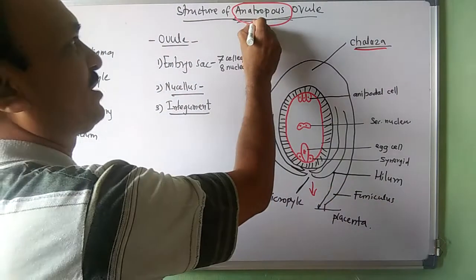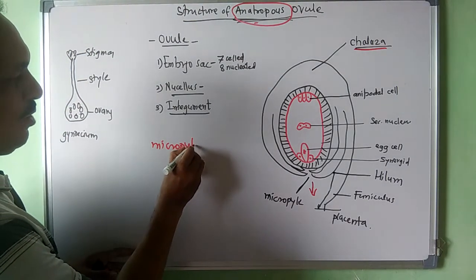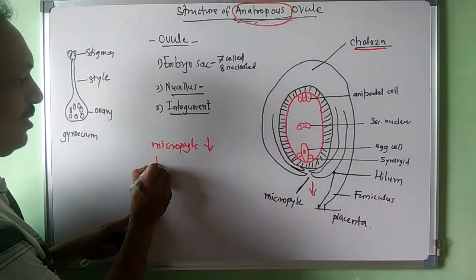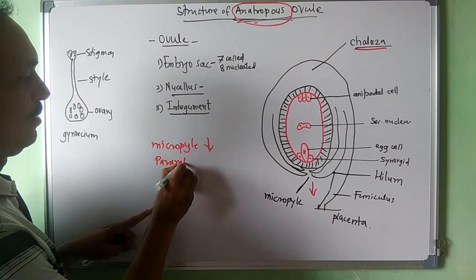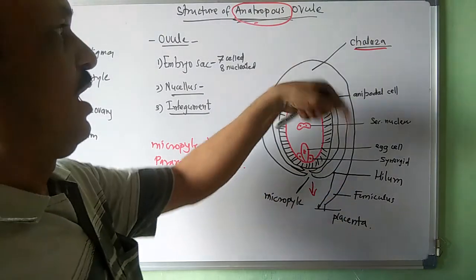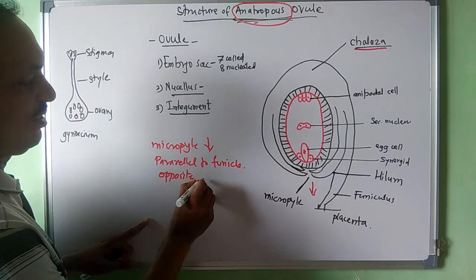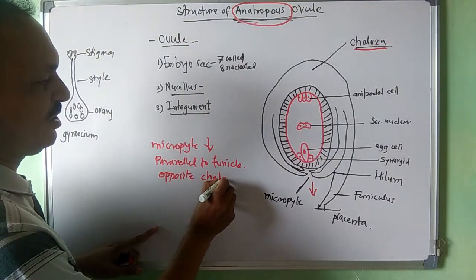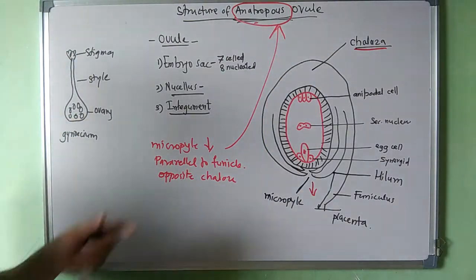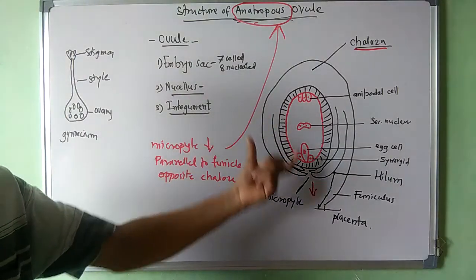The micropyle points downward, parallel to the funiculus, and opposite is the chalaza. That condition is called an anatropous ovule, and it is very common in angiosperms.